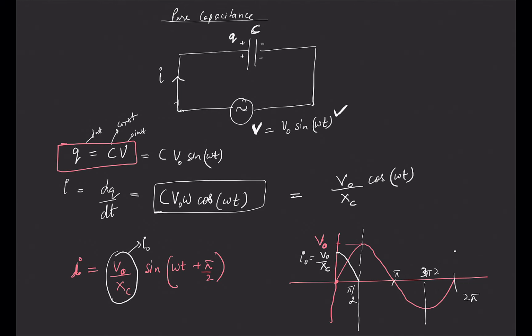So the graph would be something like this. This would be minus I naught, and the graph is not up to scale, so this is minus V naught.